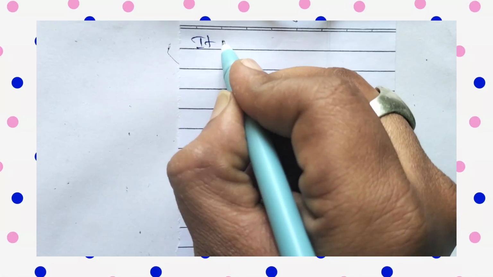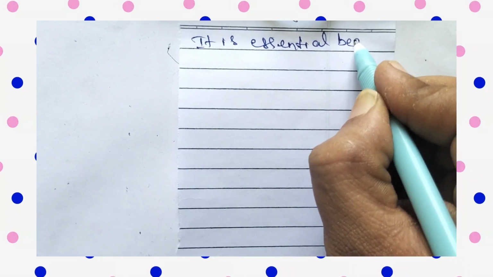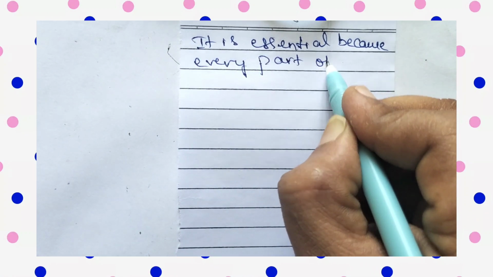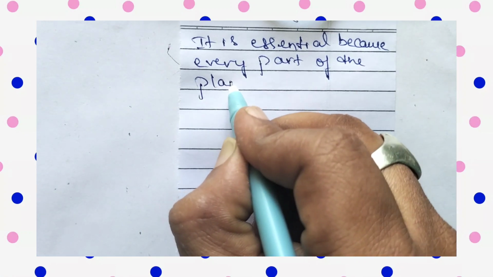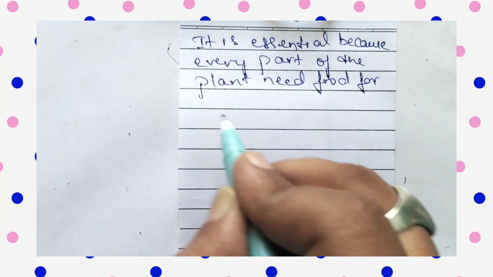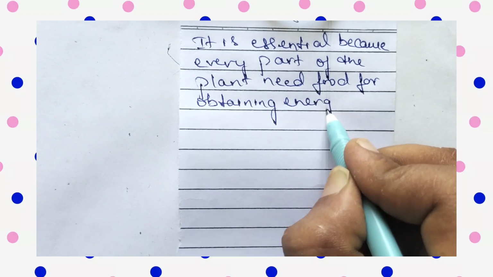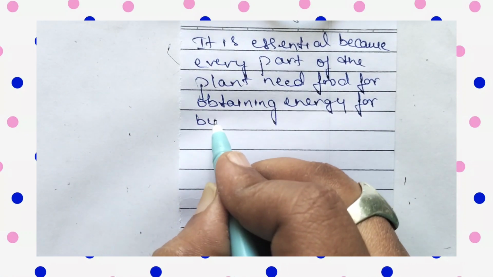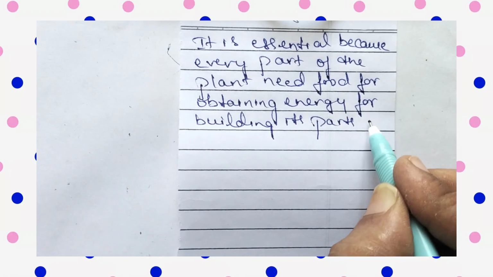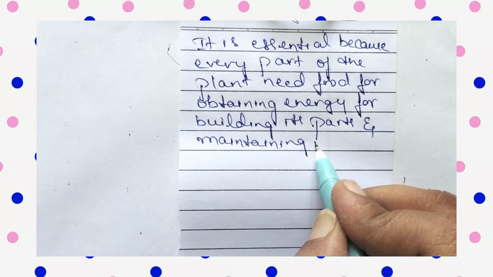It is essential because every part of the plant needs food for obtaining energy, for building its parts and maintaining its life.